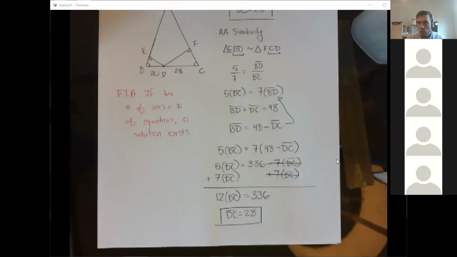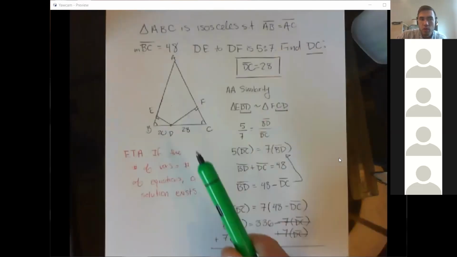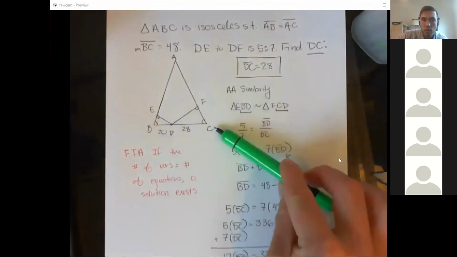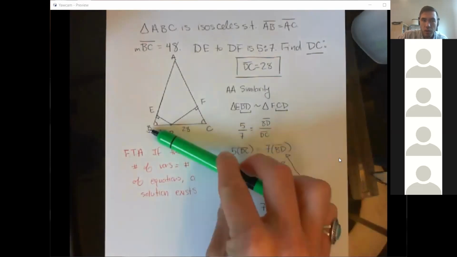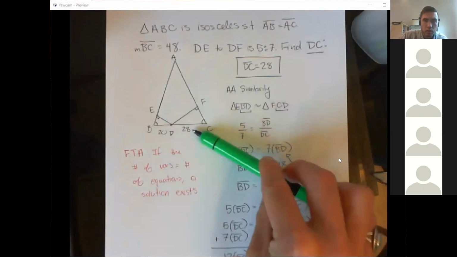No, you can't do that because 48 is not a length of one of our similar triangles. 48 is a length that belongs to the big isosceles triangle at the start. 48 represents this length right here. And the big triangle is not similar to either of these little triangles.